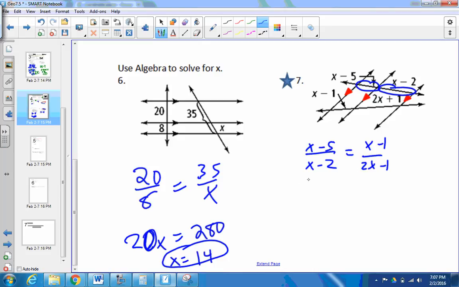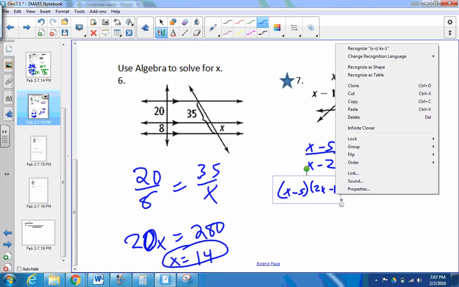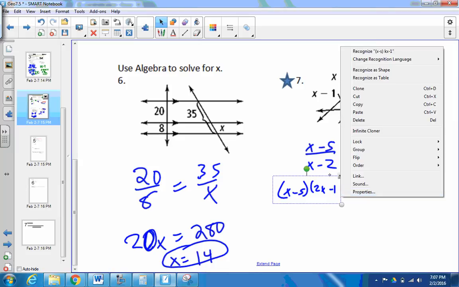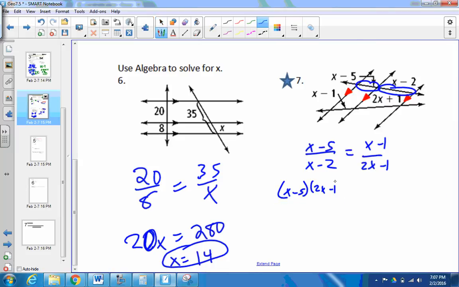And when you do some cross multiplying, this is going to turn out interesting because you're going to have x minus 5 times 2x minus 1 equals x minus 2 times x minus 1.